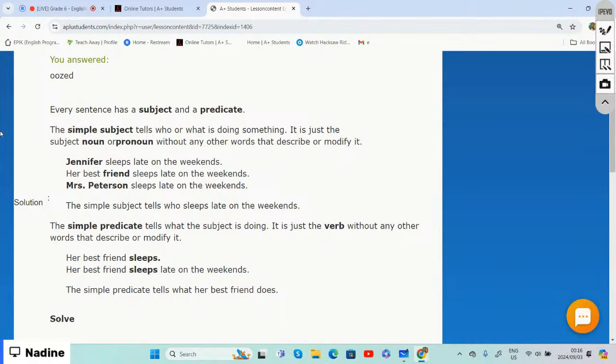If we were to identify the simple subject, then it means that Jennifer is our subject only. So we said Jennifer sleeps late on weekends, so Jennifer is our subject.